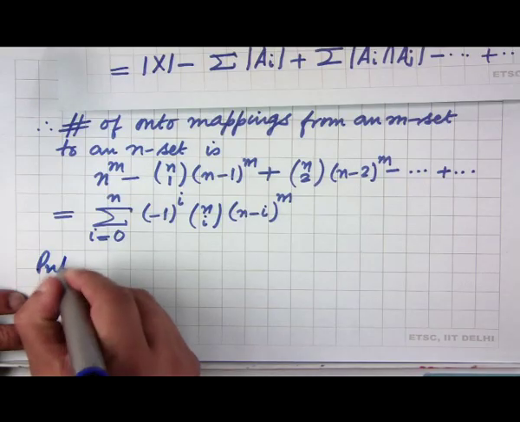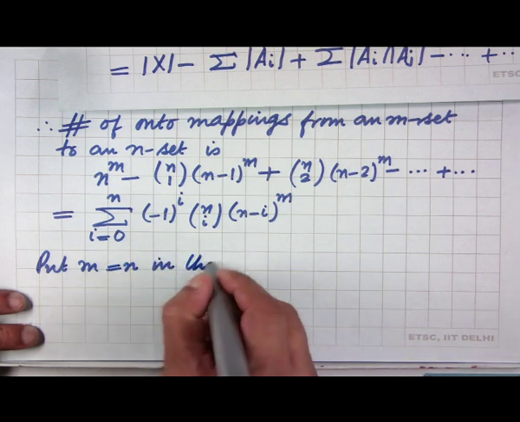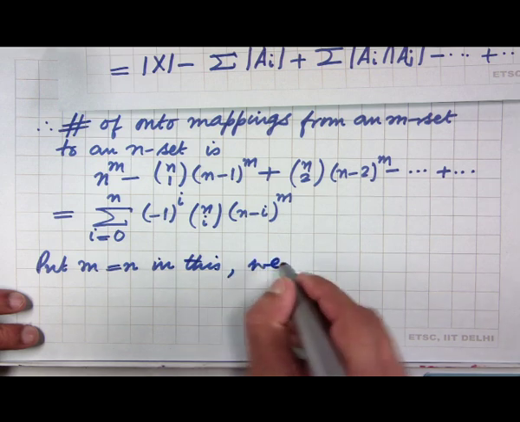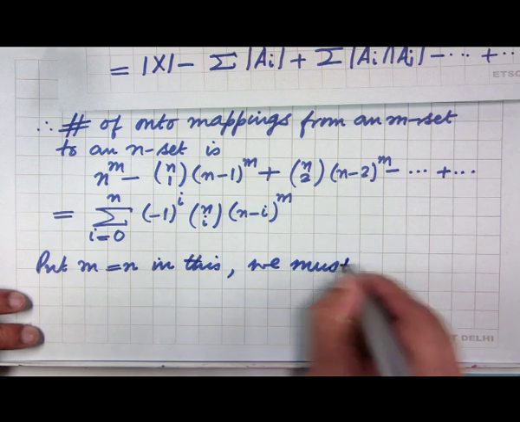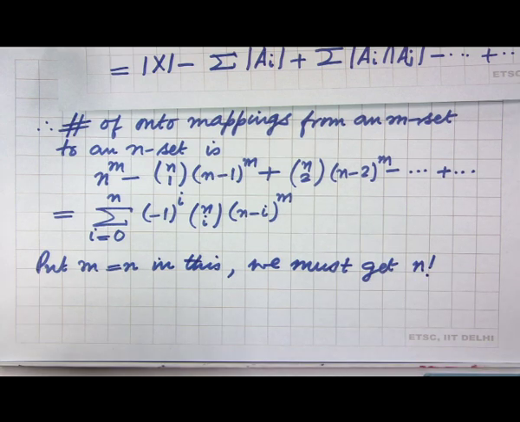So although this may be hard to otherwise derive, if you put m is equal to n in this, we must get n factorial. So this is an identity which would otherwise not be so easy to derive. n factorial is sigma i from 1 to n, minus 1 to the i, n choose i, n minus i to the power of n.